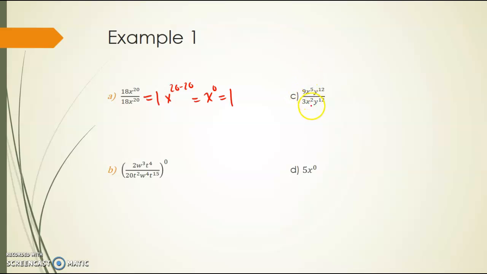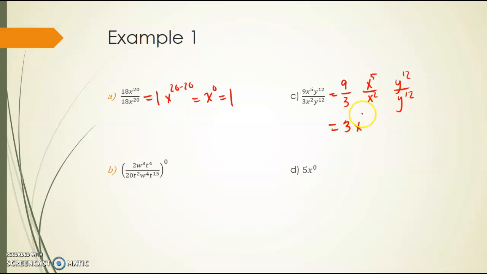So here we have 9 divided by 3, because I'm going to split this out. I'm going to think of it as 3 different fractions. 9 divided by 3, x to the 5th divided by x squared, and y to the 12th divided by y to the 12th. So I'm going to start with the first one. 9 divided by 3, which is 3.